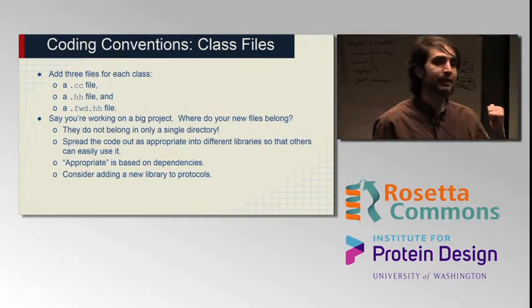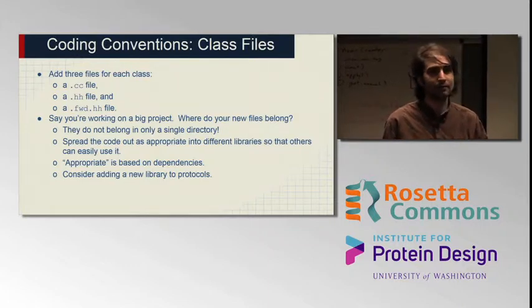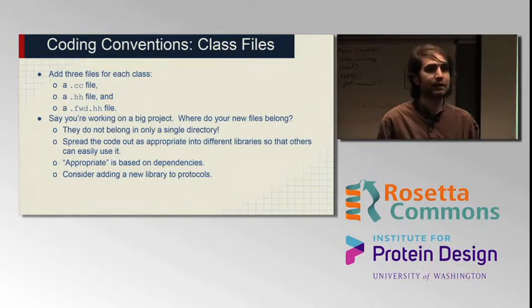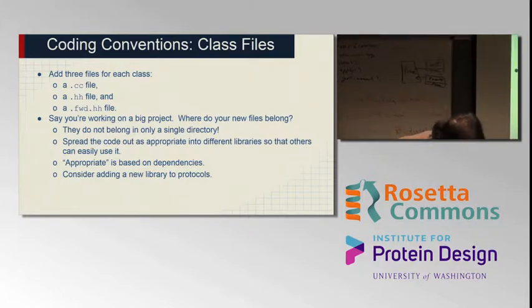Forward.hh should be included if you've got a block of code that just needs to know about the existence of a class but doesn't need to know about any of the private or public member functions of that class, like a header file that's taking an object of this class as an argument. The HH file should be included if you actually need to know about the member functions of the class. This helps ensure fast compilation.